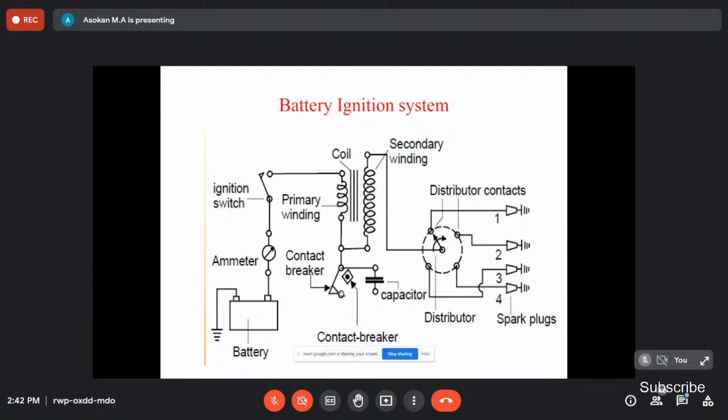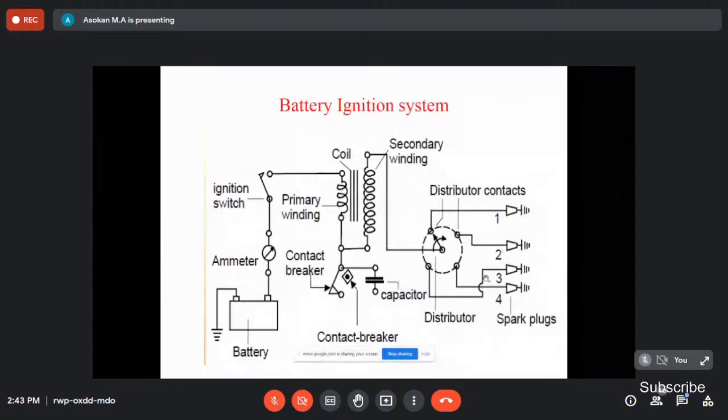It is connected to the contact breaker, and once the supply is given, the energy is supplied to the distributor and spark plug, so sparking takes place in the cylinder.